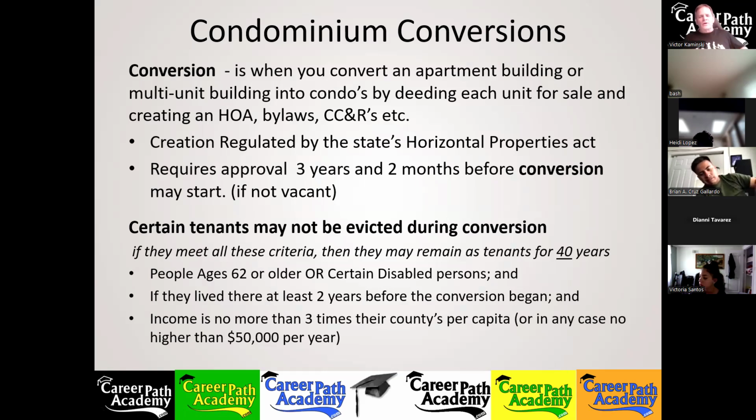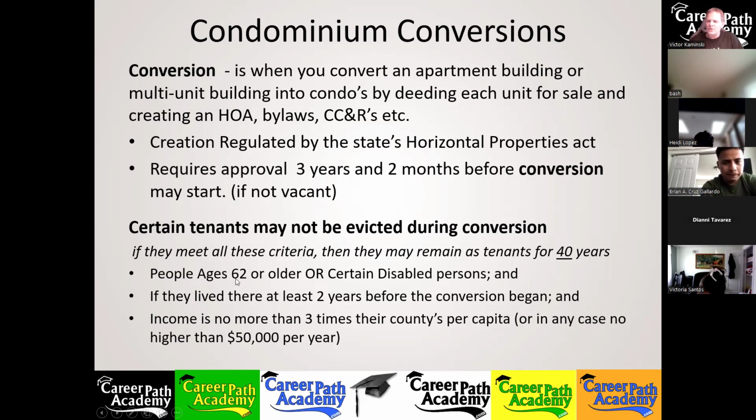All right, so who cannot be evicted from a condominium conversion? Well, if tenants meet all of these requirements, and the building or complex is being converted to condos, they could remain as tenants for the next 40 years, and they cannot be evicted.